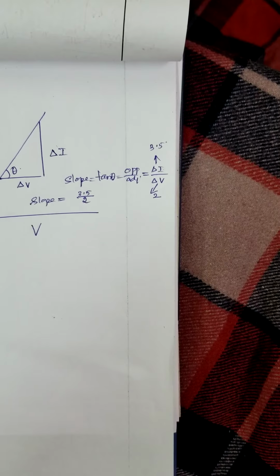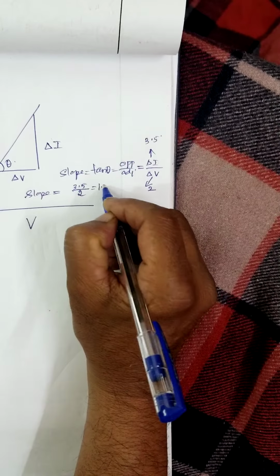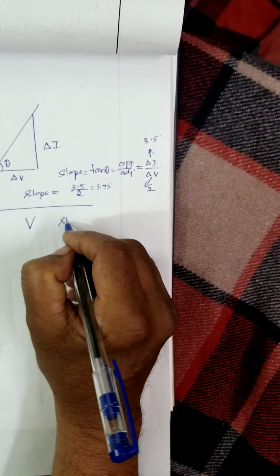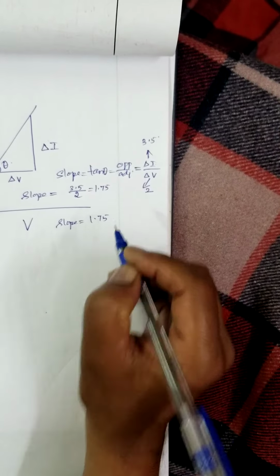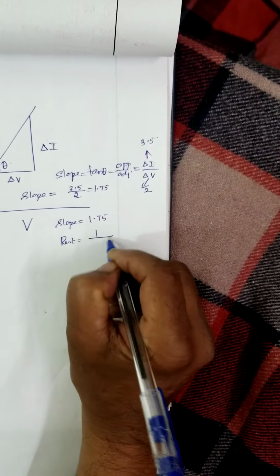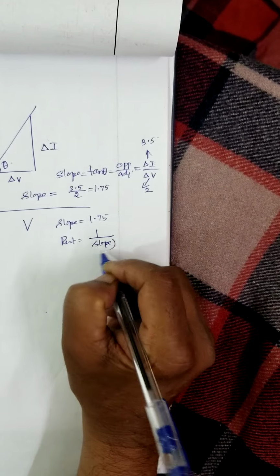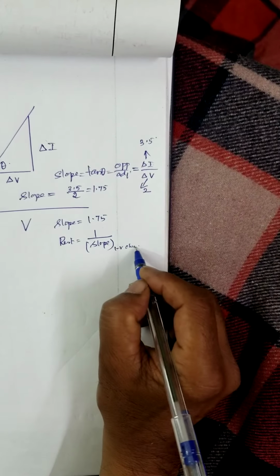Now, 3.5 divided by 2, how much will you get? It is 1.75. Slope is equal to 1.75. What is resistance? Resistance is the reciprocal of the slope of the IV characteristics.